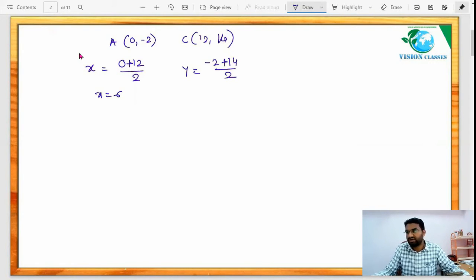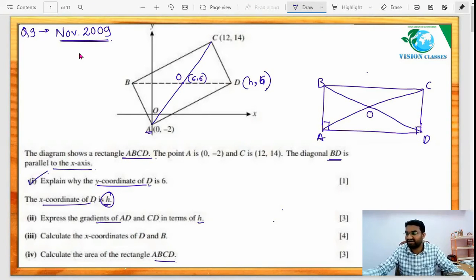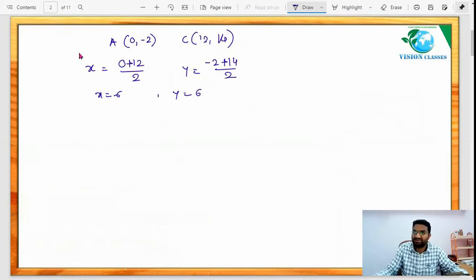So the y coordinate here is 6, and we consider the x coordinate as h, right? This is simple, isn't it? This is the explanation of the first part.